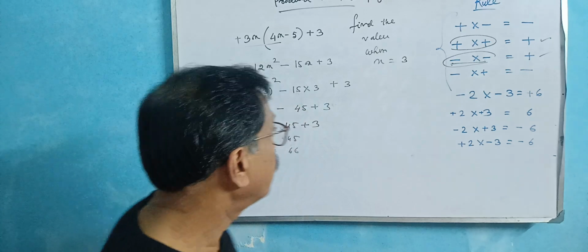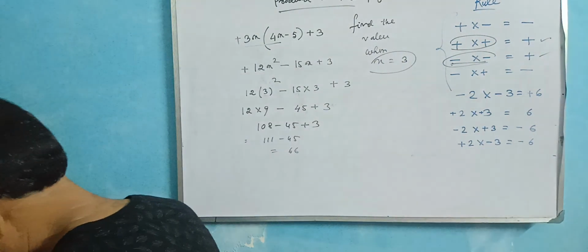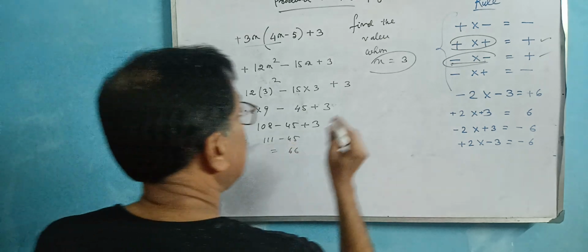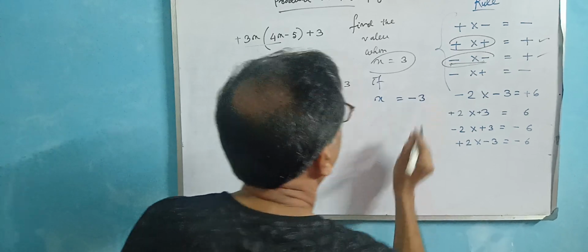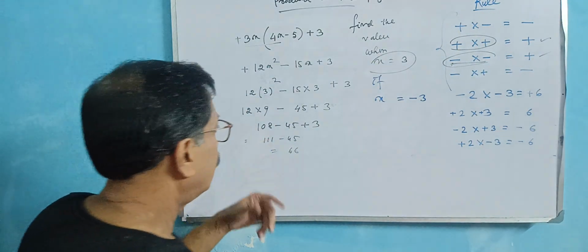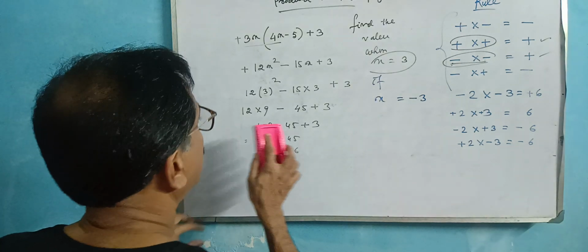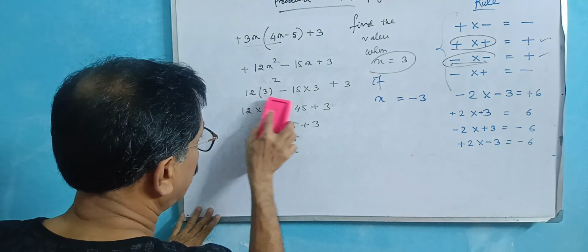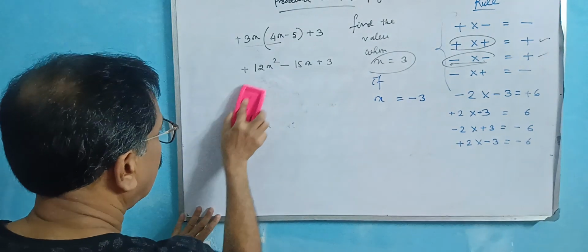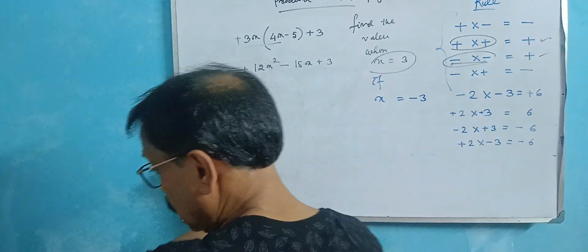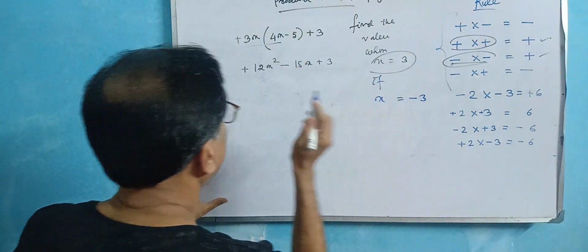But remember, if x is equal to minus 3, then the answer changes. In which way? Let me show. Okay, clear? Here is 3, here is 3, these are okay. Now this is minus 3 here.